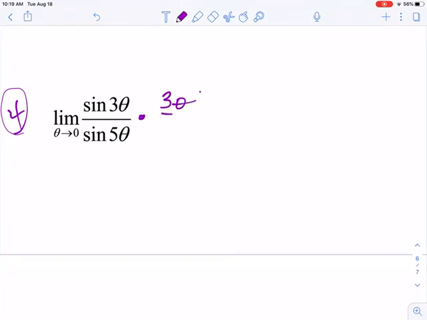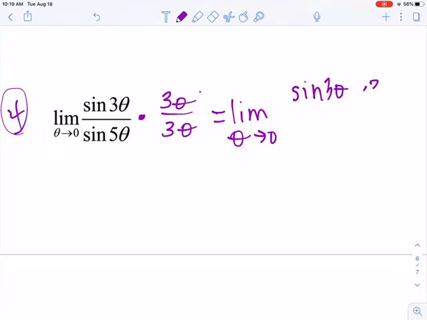Let's go ahead and multiply by 3 theta over 3 theta. Okay, so what we have, and I'm going to go ahead and rearrange so I have things grouped together nicely. So I have the sine of 3 theta times 3 theta, and I'm going to rearrange our denominator so that 3 theta comes first, and then times sine of 5 theta.